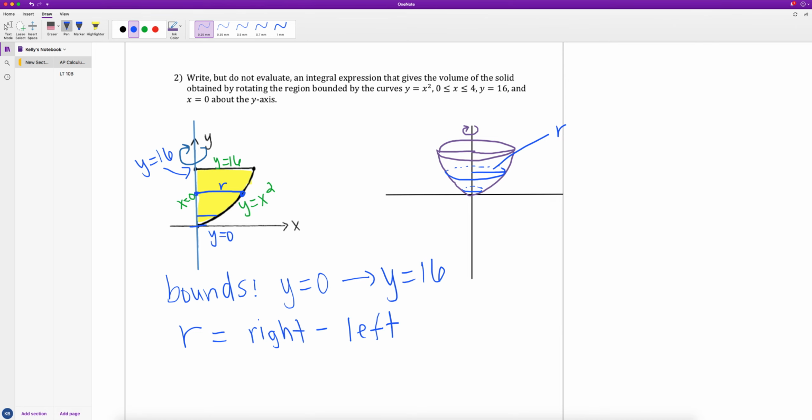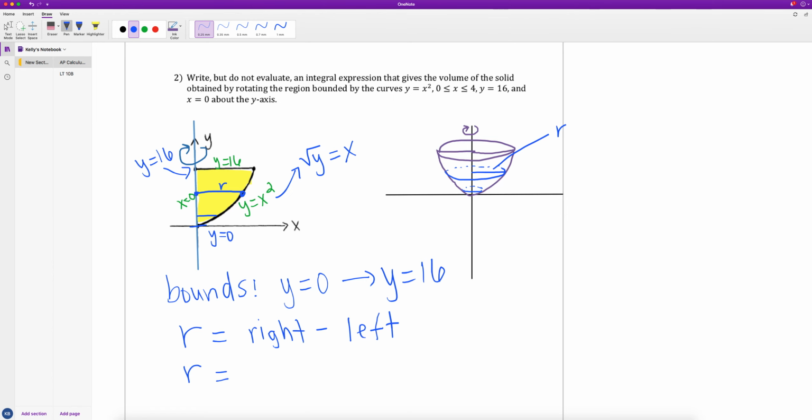And for this example, the right curve is y equals x squared. But because my bounds are in terms of y, I can't plug in the x squared, which means I need to take this equation and solve for x instead. Well, to do that, I'll square root both sides, and I get the square root of y equals x. That then, square root of y, is going to be my right curve.